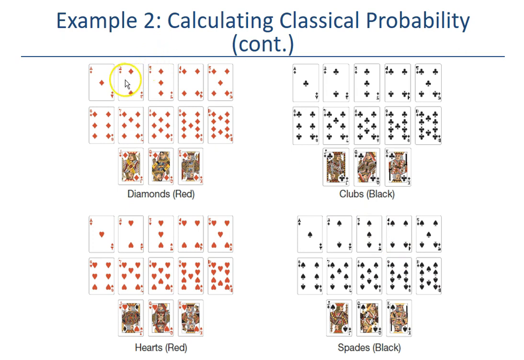And then we start with an ace, and then go through 10 numbered cards, and then we have the 3 face cards in each suit. So we have done this before, and a nice review here.